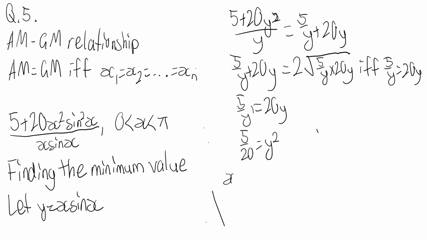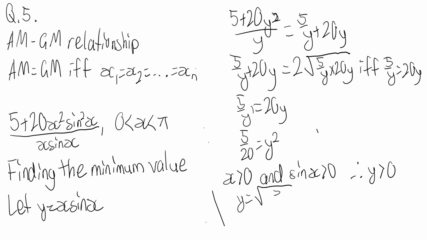Now, x is greater than 0, and sine x is greater than 0 from our initial assumption. Therefore, y is greater than 0. So y equals root 5 on 20, which equals a half.